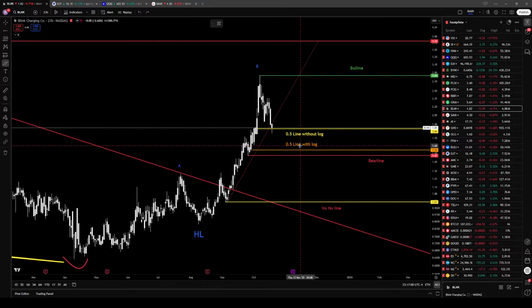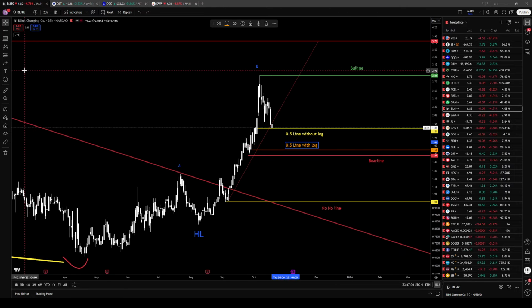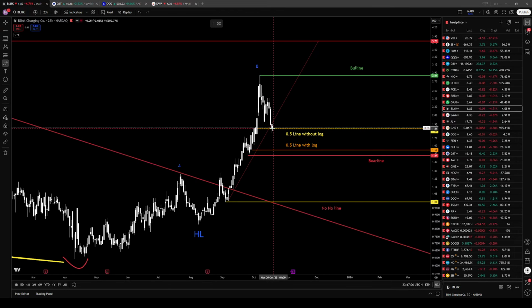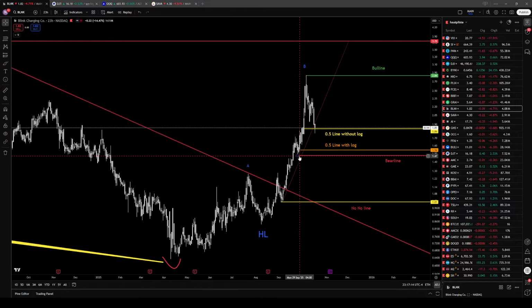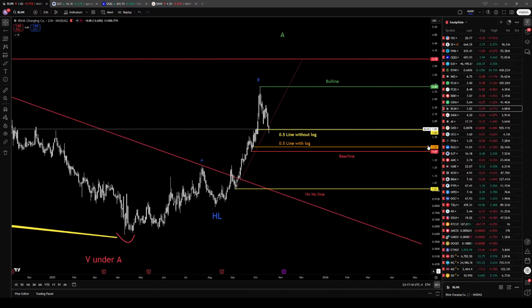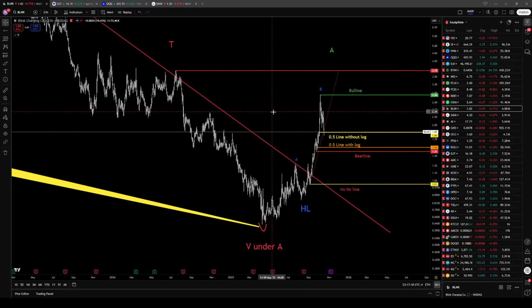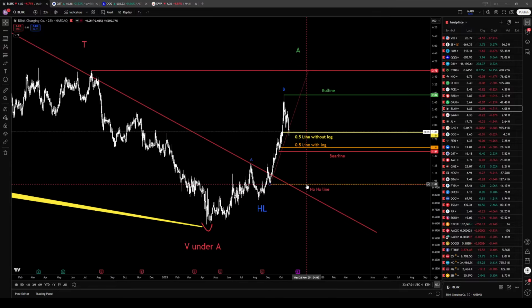Or this line here is the 0.5 fib log. So there would still be a possibility you come down here and bounce here. I don't want to see it break 1.48, and where the bullish tracking is some kind of wrong is $1. Just say.